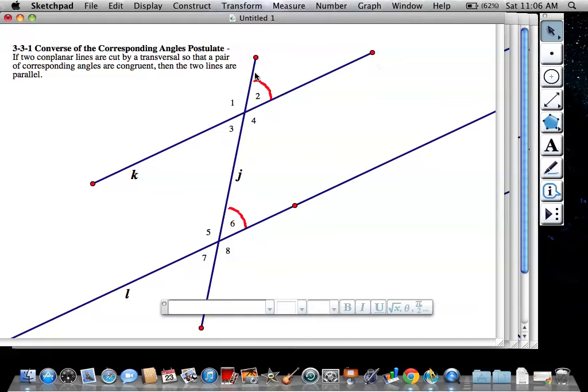So, we have a transversal J here, and it cuts through K and L. I don't know for a fact that K and L are parallel because it doesn't tell me, but I do know that 2 and 6 are congruent. And since 2 and 6 are corresponding angles, I can conclude by this converse postulate that K is parallel to L.